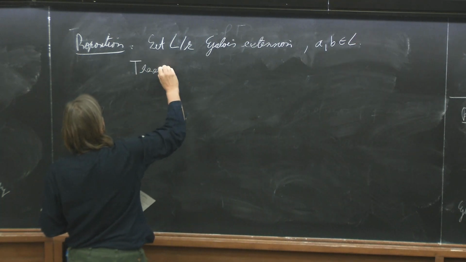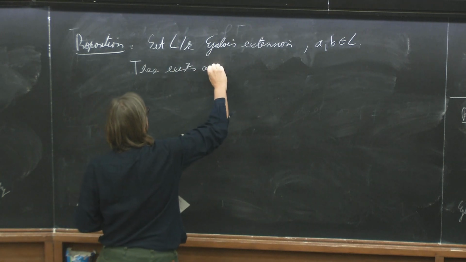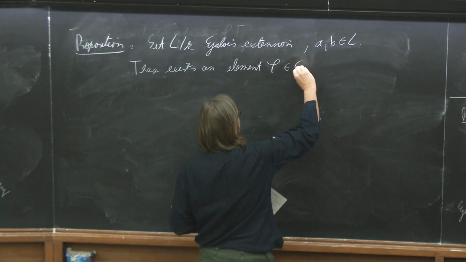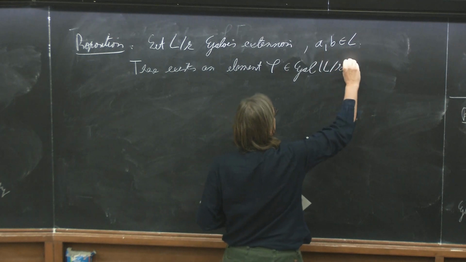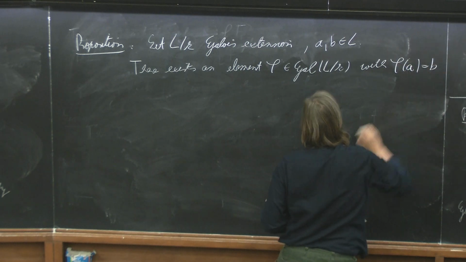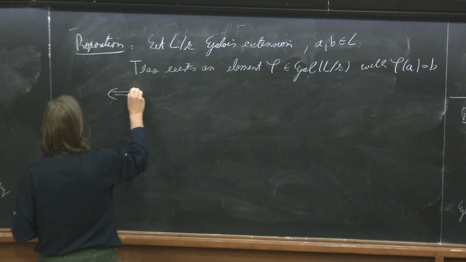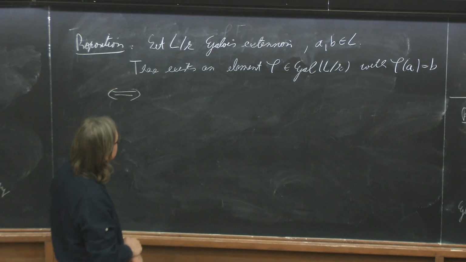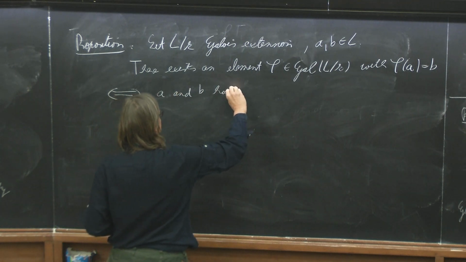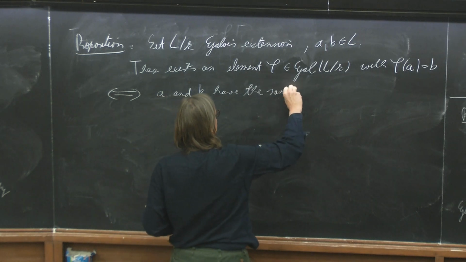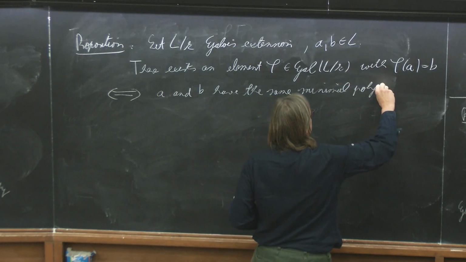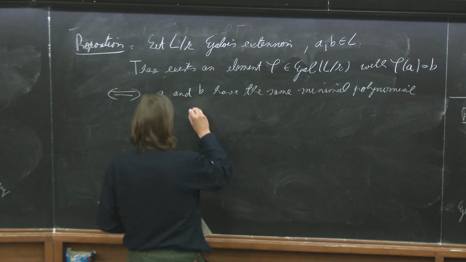There exists an element in the Galois group of L over K, which sends a to b, if and only if a and b have the same minimal polynomial over K.